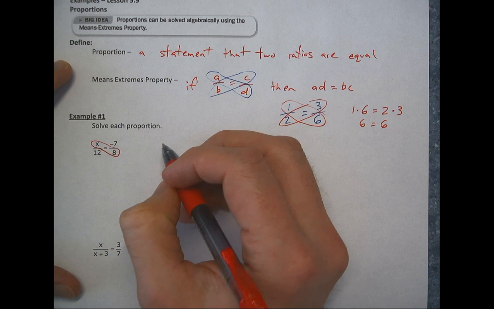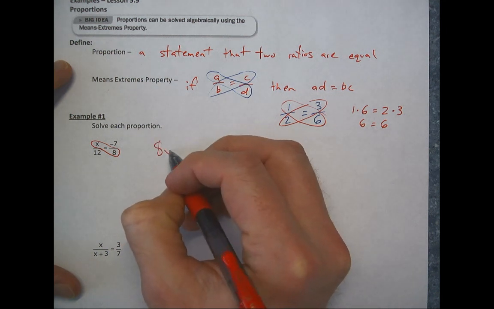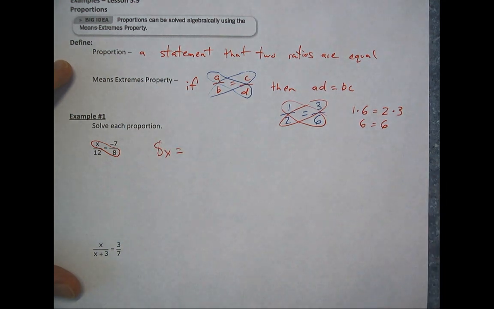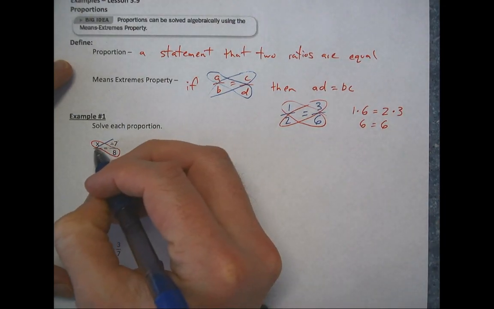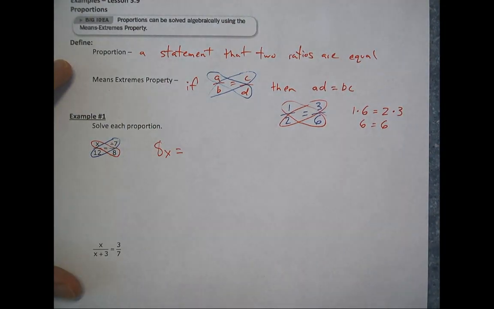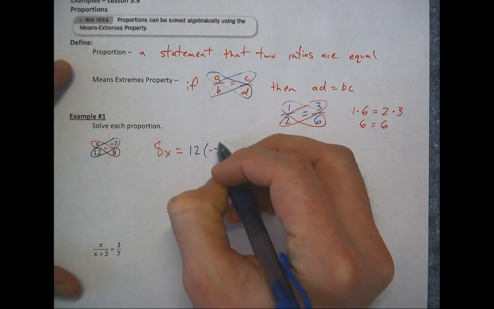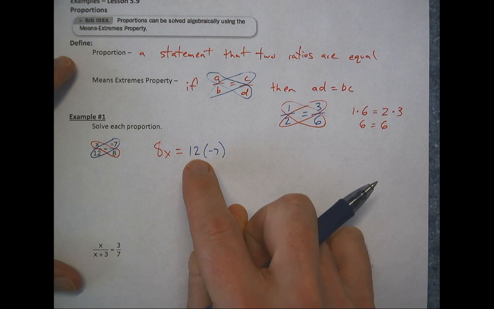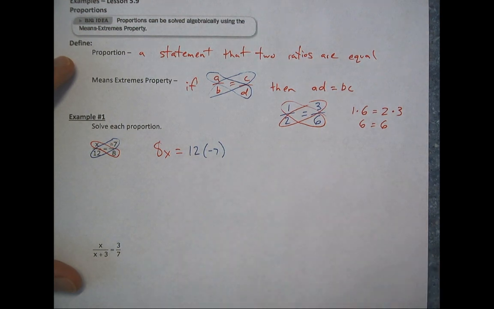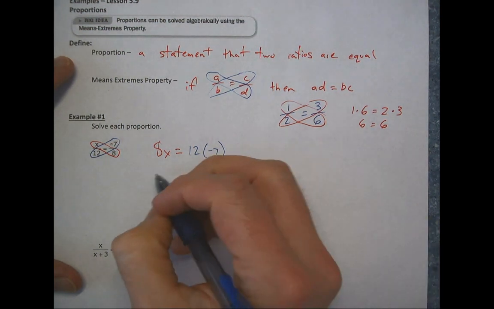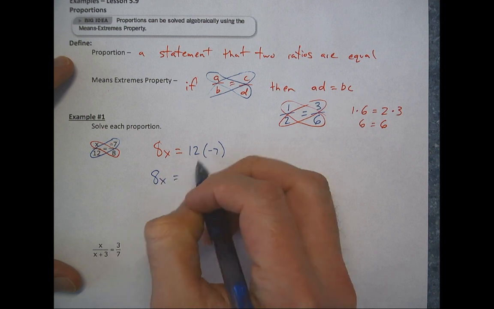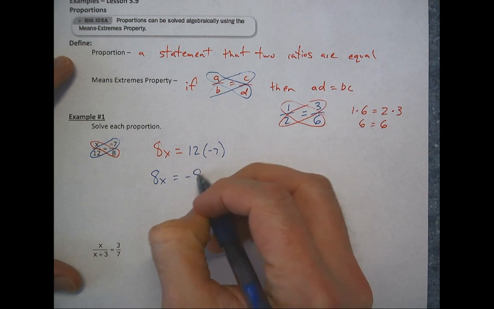So x times 8, which I'm just going to write as 8x, has to equal, I'll do this in a different color so we can really see it, the product of these two. So 12 times -7. Now, as you get better at these, you don't have to write out the multiplication. You could just put the answer there. So we're going to get an 8x on this side, and when we actually multiply, we're going to get -84.